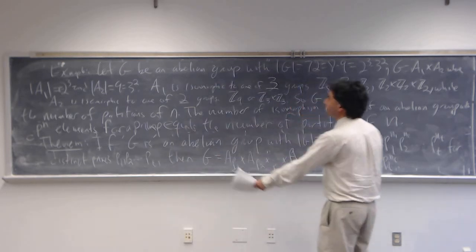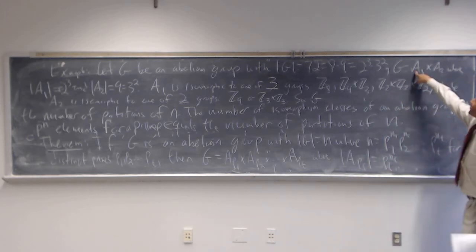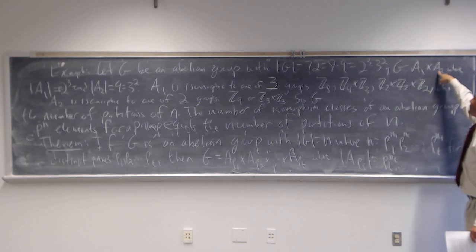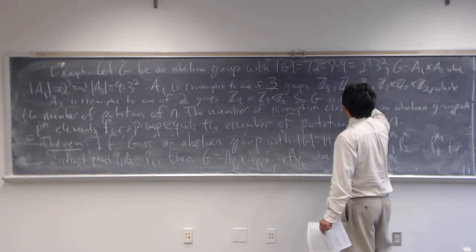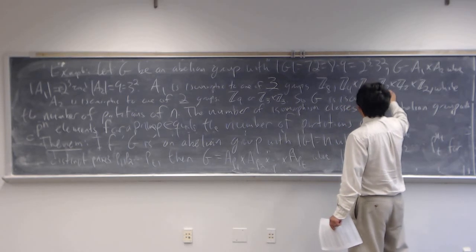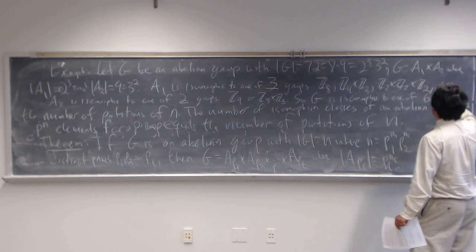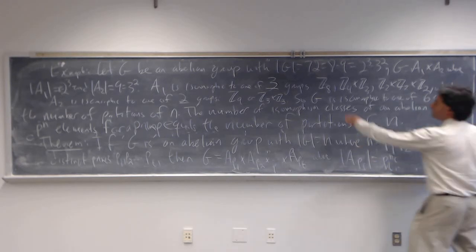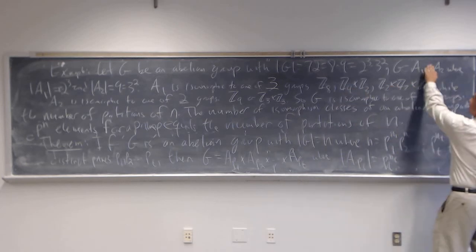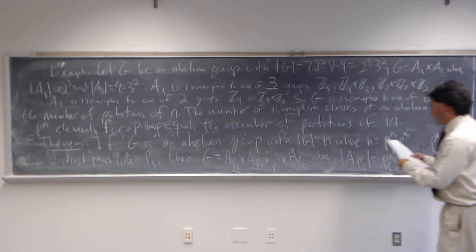So G itself, a 72 element order group, has 3 choices for what the first group can be isomorphic to, each of which has 2 choices for what the second group is isomorphic to. So G is isomorphic to one of 6 groups. And what are the 6 groups? Well, pick one of these 3 to go here, cross pick one of those two to go there, and those are your 6 groups.